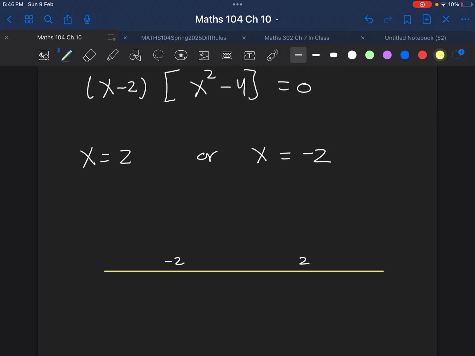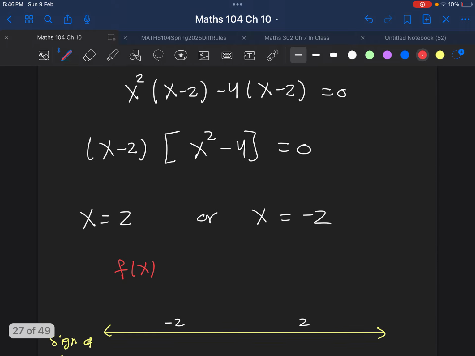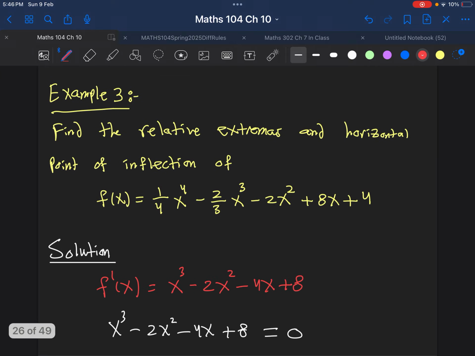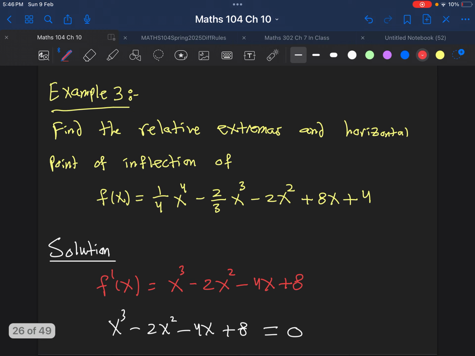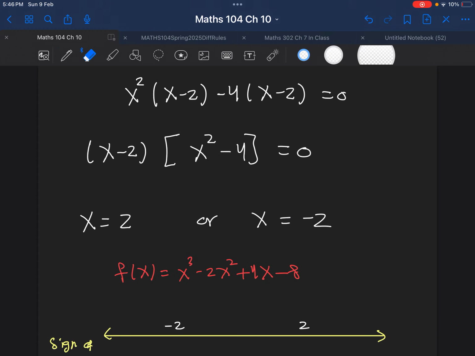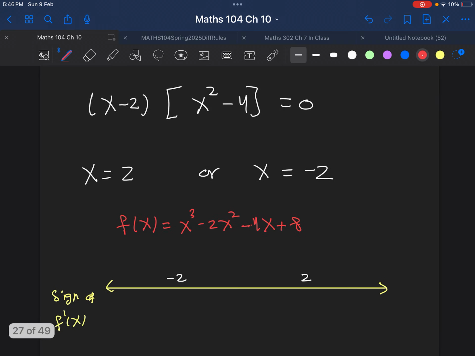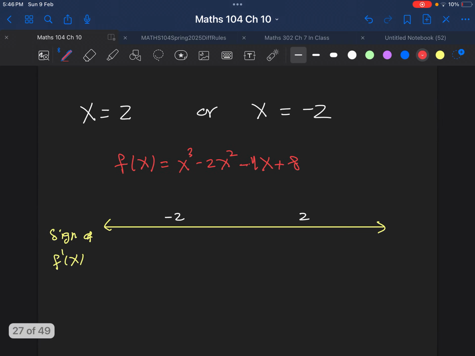So you have minus 2 and you have 2. And you need to find the sign of f prime of x. The sign of f prime of x will be just x cubed minus 2, minus 4 plus 8, sorry. And now we just have to pick points and check.